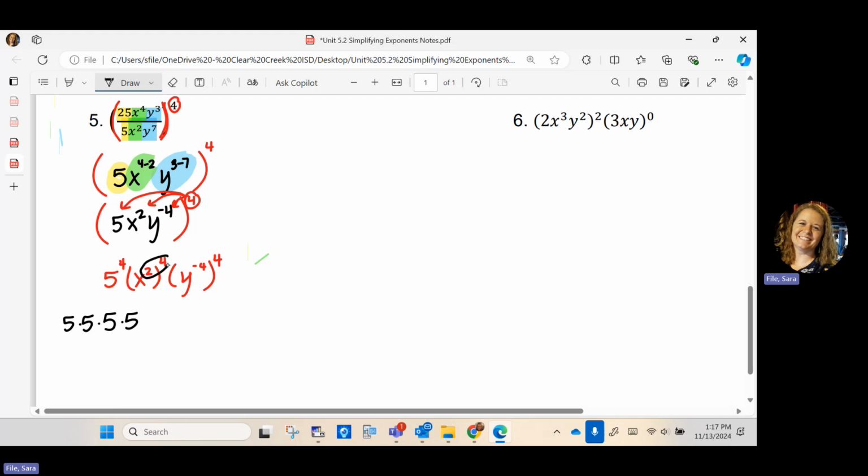Then I'm going to multiply these exponents together, so that is x to the 8th, and that is y to the negative 16th. Now I just need to figure out what this 5 to the 4th is. 5 times 5 times 5 times 5 comes out to 625.